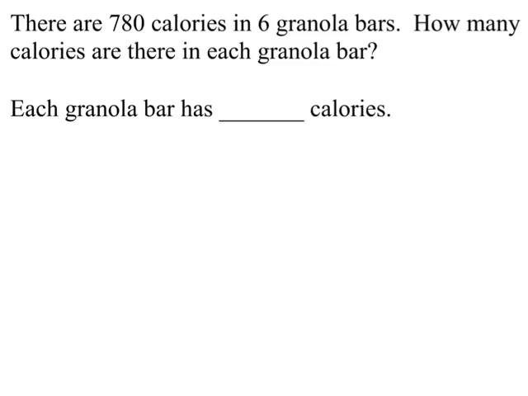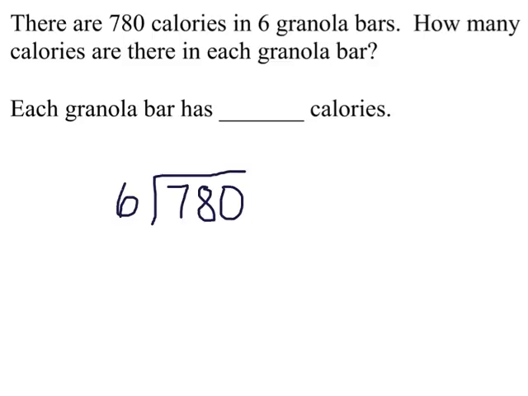So let's look at a real world problem. There are 780 calories in 6 granola bars. How many calories are there in each granola bar? So I need to divide my 780. Remember, that's my dividend, and it's going to go under. I'm going to divide by 6, which is my divisor.